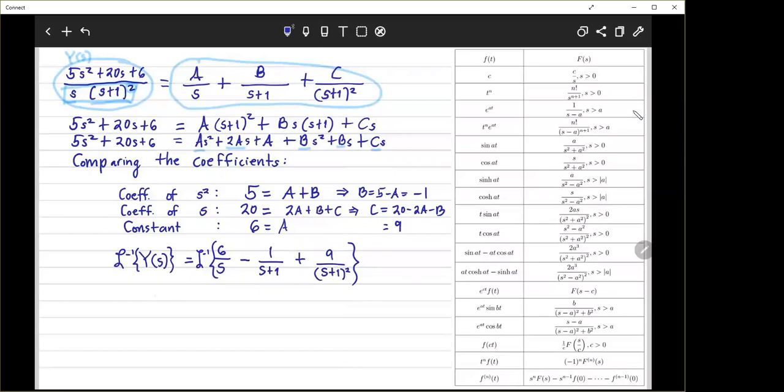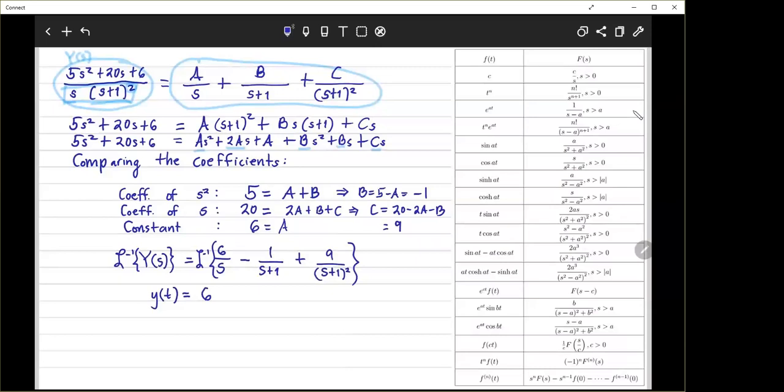So inverse Laplace of y of s is y of t. Now, ang inverse Laplace ay linear din. So pwede natin isa-isain itong tatlong fractions na to. Okay. And then we can actually ignore the constants. So after copying the constants, you can just get the Laplace transform of the remaining part of your expression.